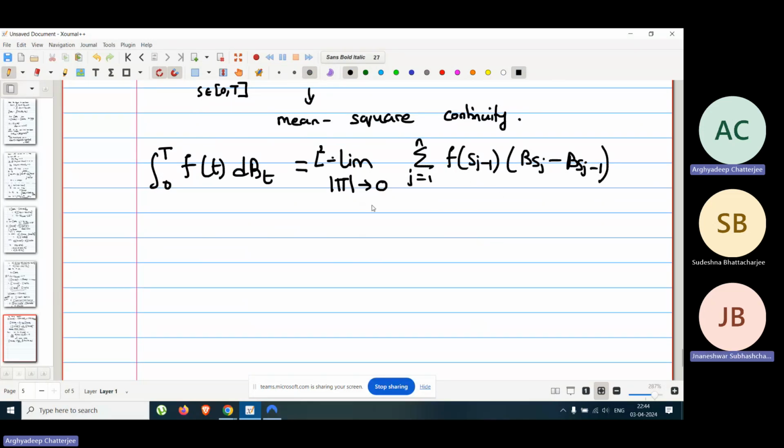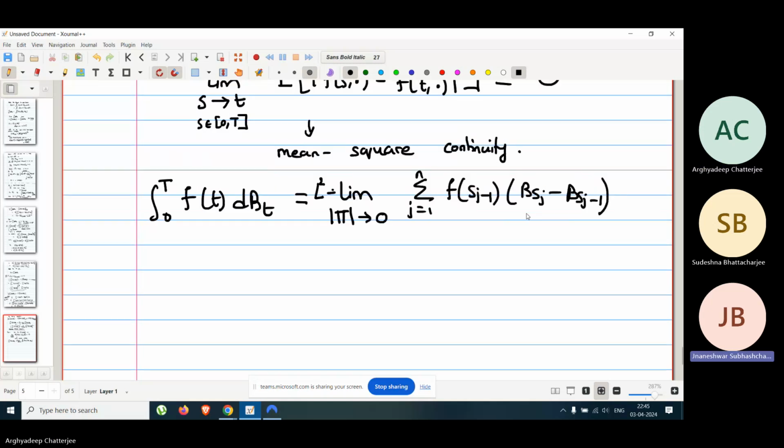So this is some sort of precursor to Ito's thing. Ito's thing gives you the formula for how to get functionals, like B_t squared. Suppose I have some f which satisfies this mean square continuity, then I can actually use this, because then we can do the Riemann integral thing.